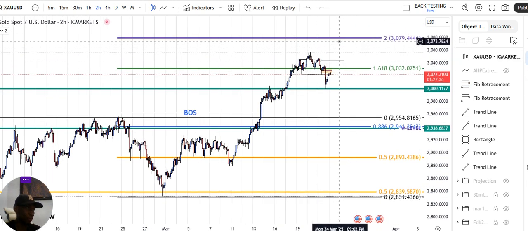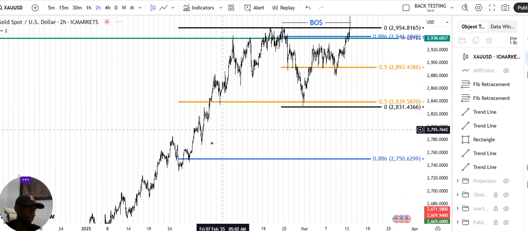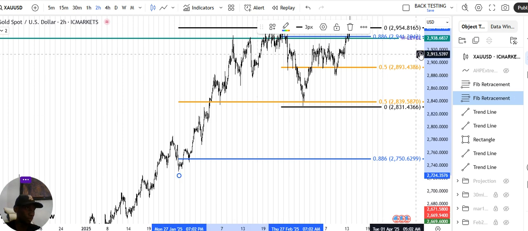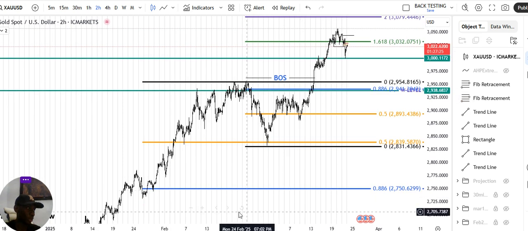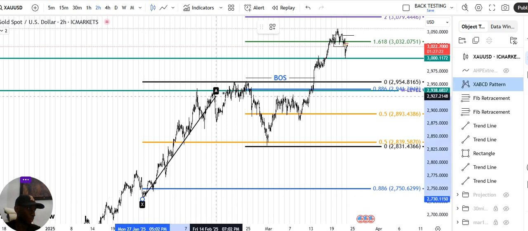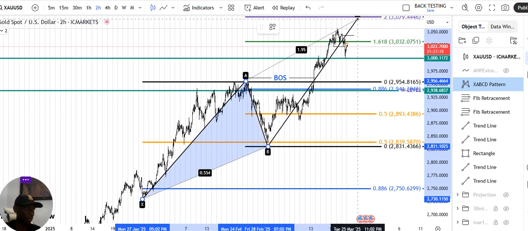Oh, almost. Okay, so that means what we should be looking at is from here to this point down to this point, and then something like this.